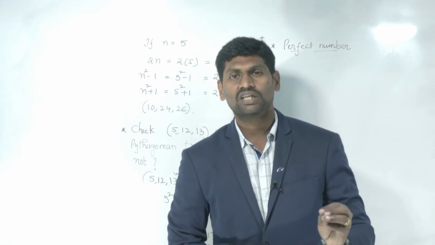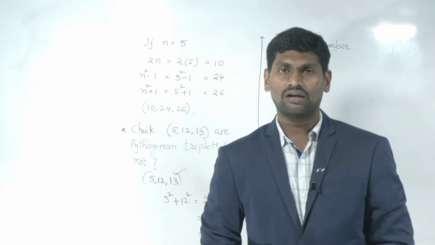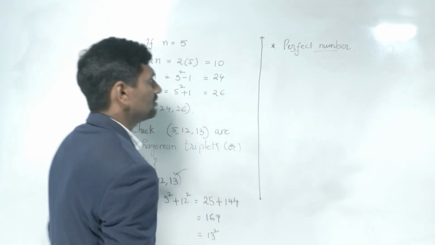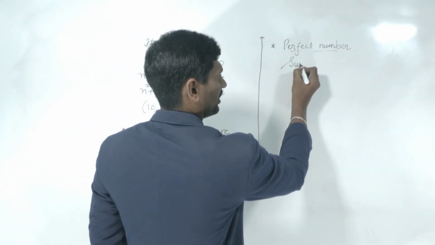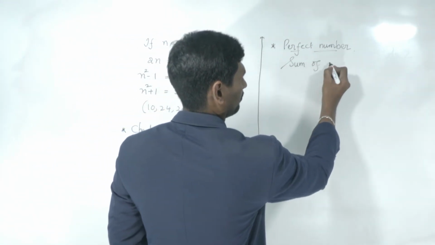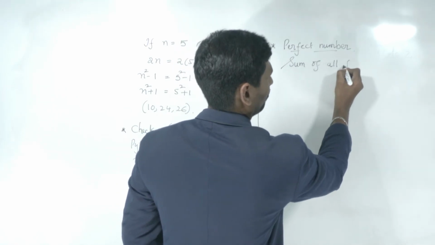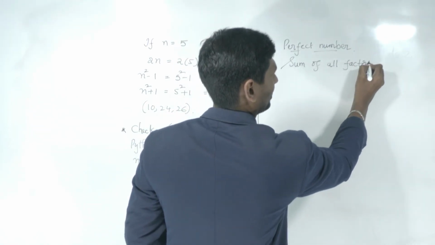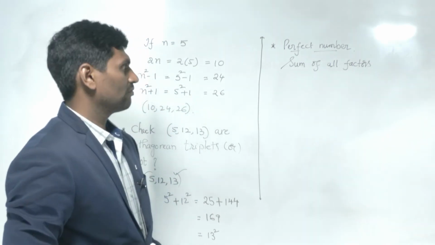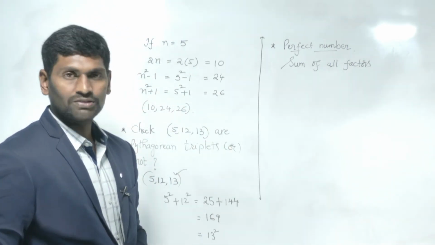That type of numbers are called perfect numbers. So we are writing that sum of all factors. Factors and divisors both are same.